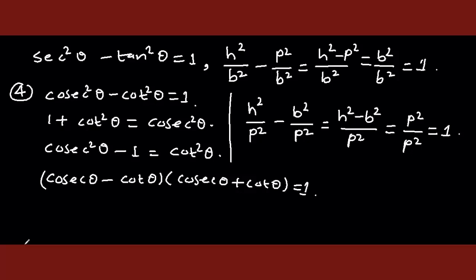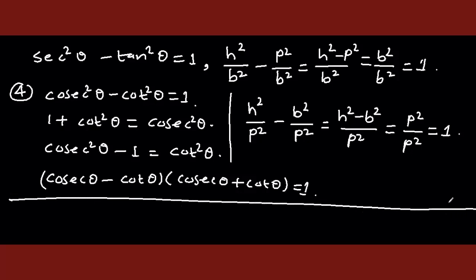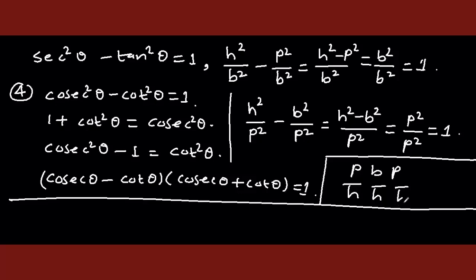Okay, now we'll proceed further. I can summarize whatever we have done till now. So this is for sine theta, p by h, cos theta is b by h, tan theta is p by b.